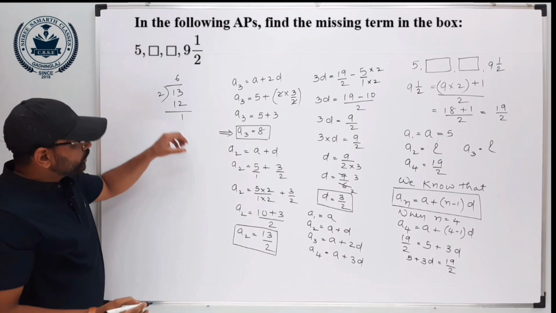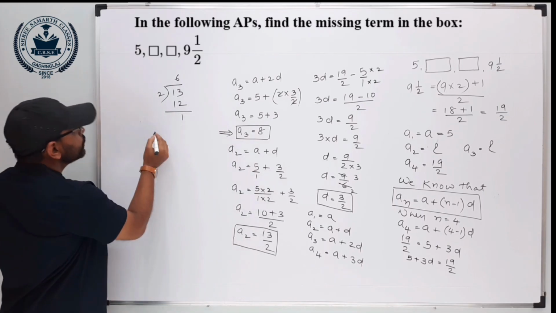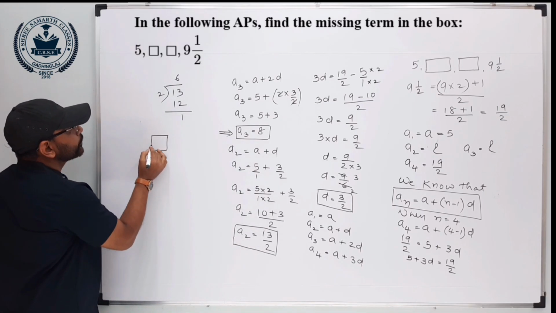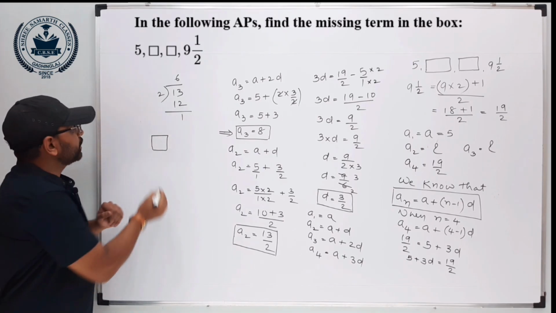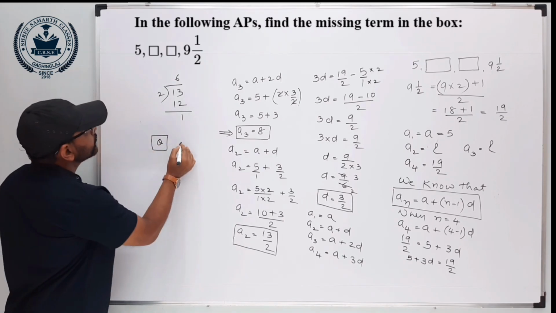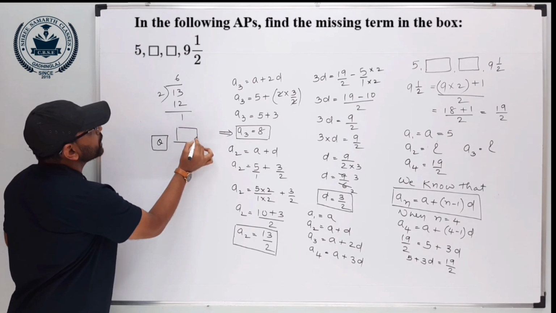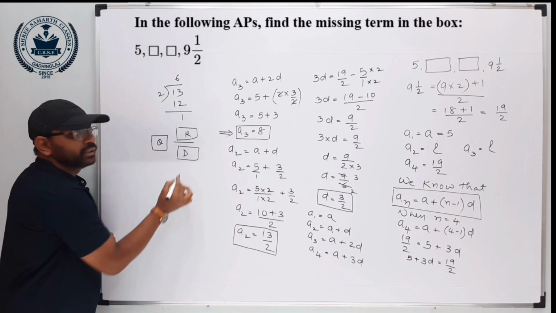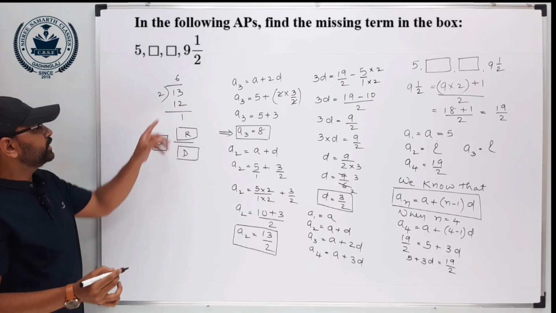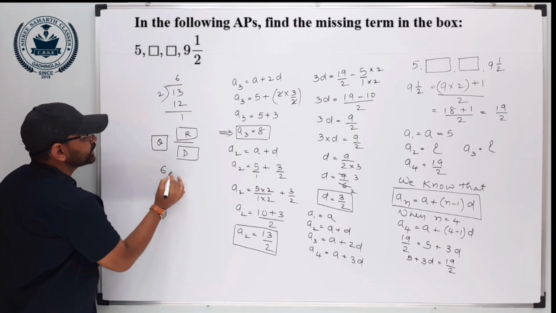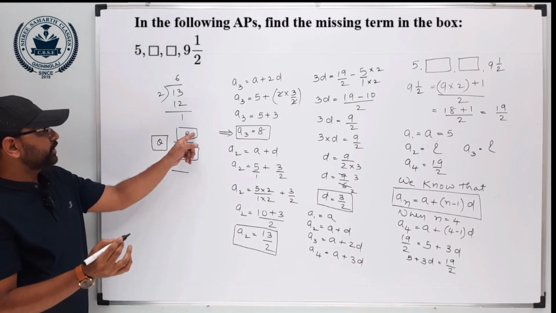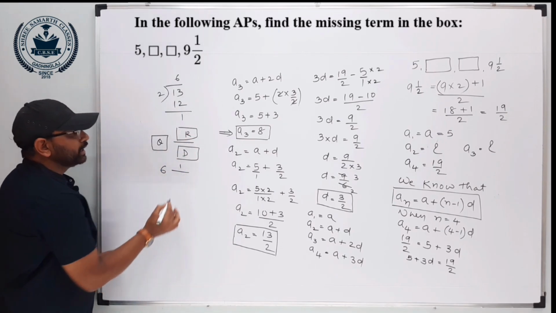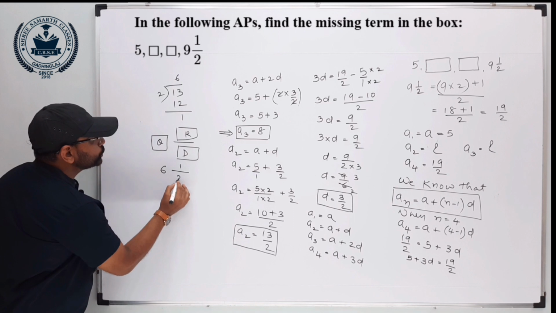So if I need to convert this into a mixed fraction, here I am having the quotient, here the remainder, and here the divisor. In this, the quotient is 6 whole. The remainder is how much? 1, and the divisor is how much? 2.